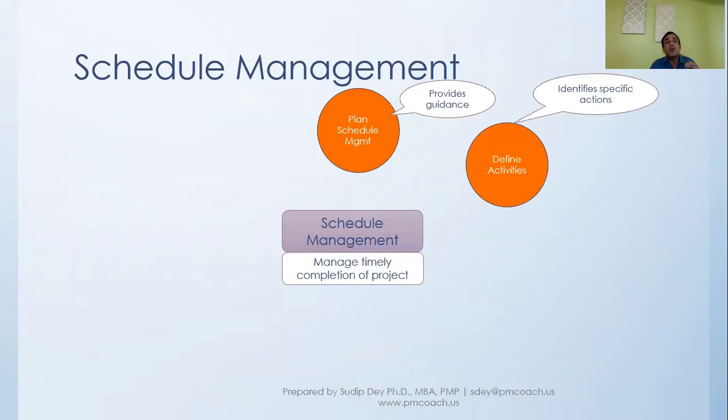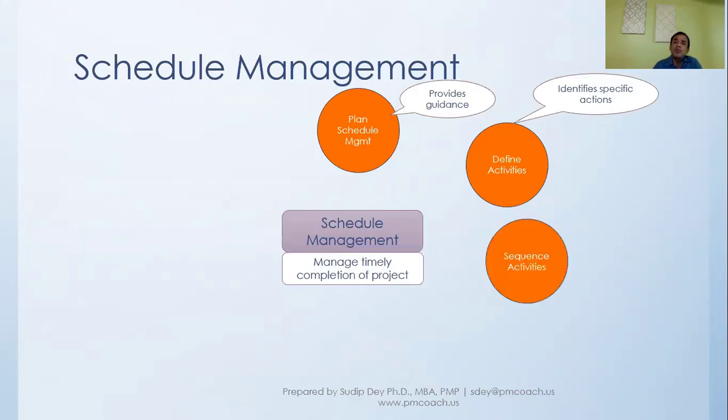We have subdivided the scope into different work packages. Here, in define activities, we take these work packages and identify the specific activities, the specific tasks that we need to do to accomplish each work package.